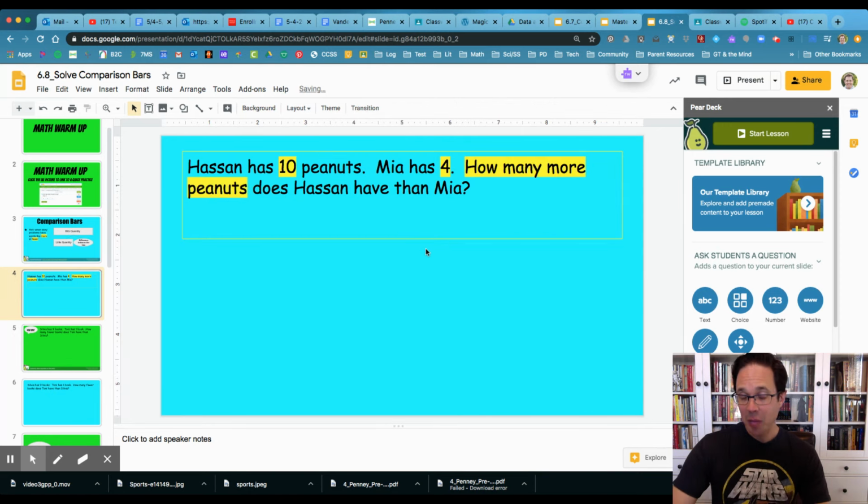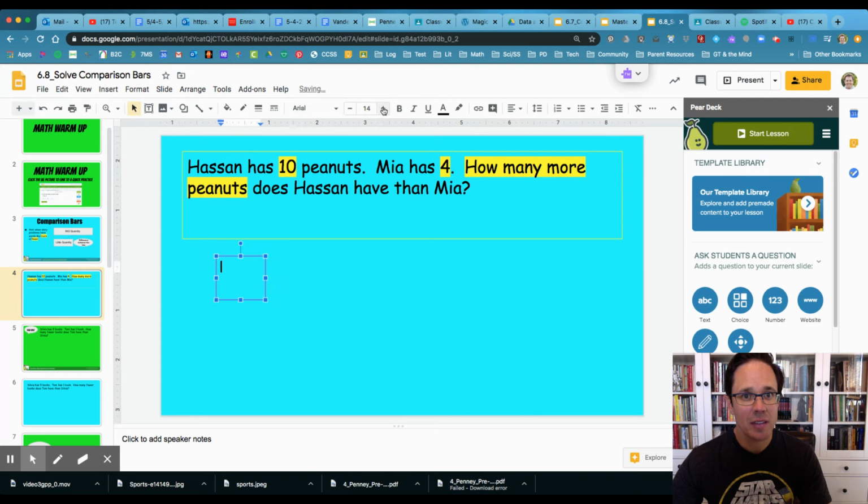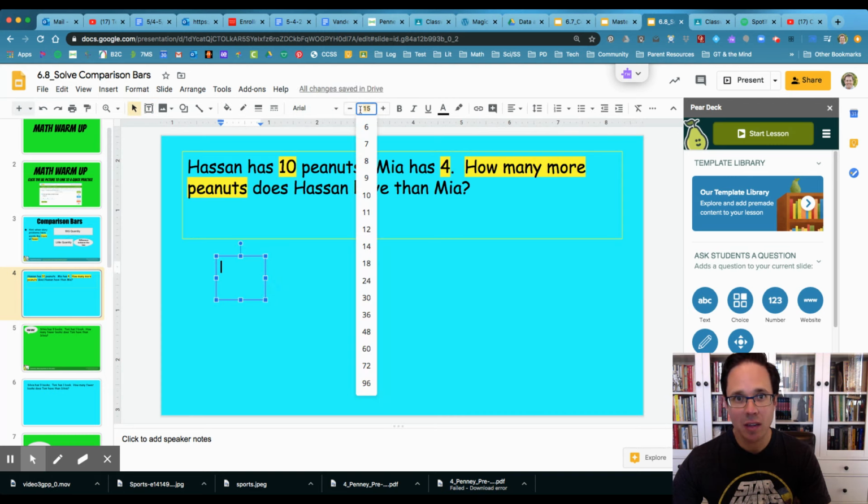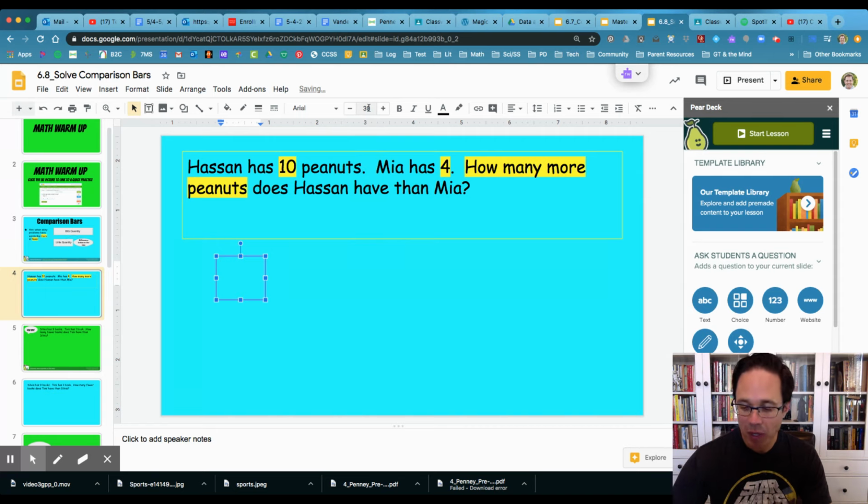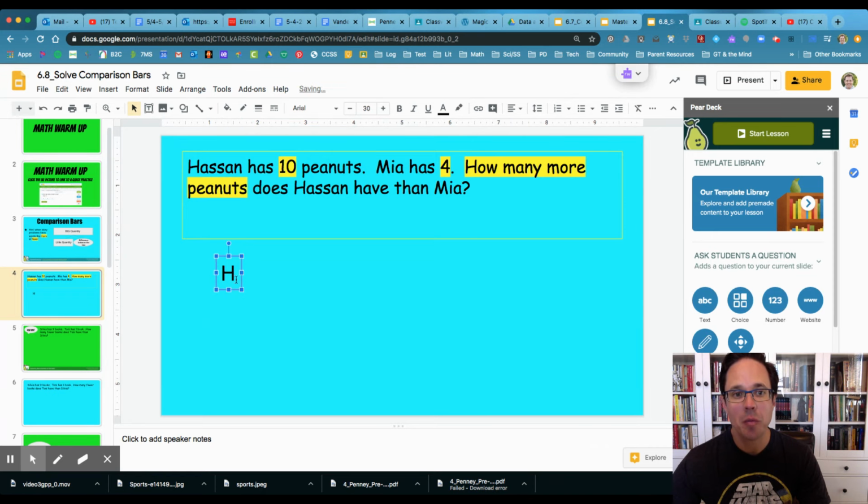Okay, kiddos. First things first, let's go ahead and make a quick little comparison bar setup. Now, for those of you following along at home, I want you to go ahead and quickly make, on your piece of paper, a little H for Hassan, and then I'd like you to make a little M for Mia.